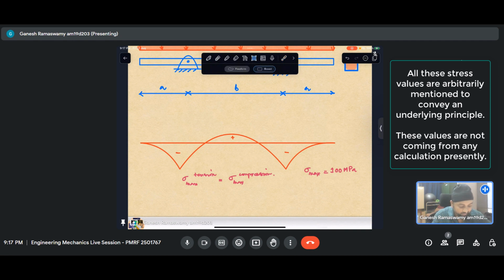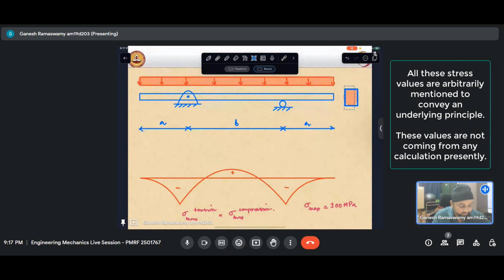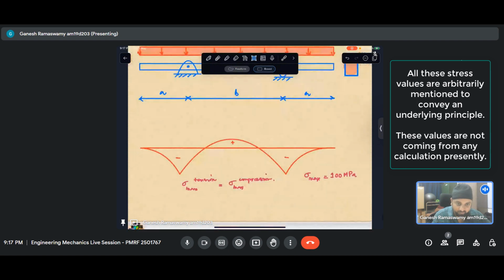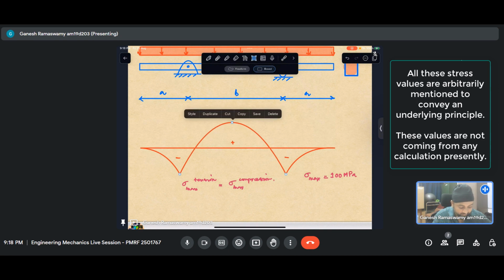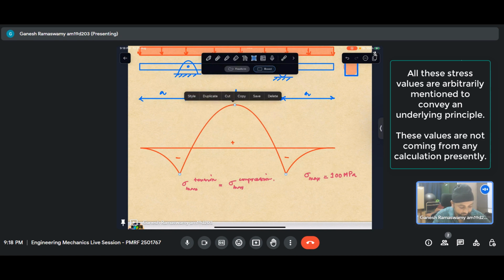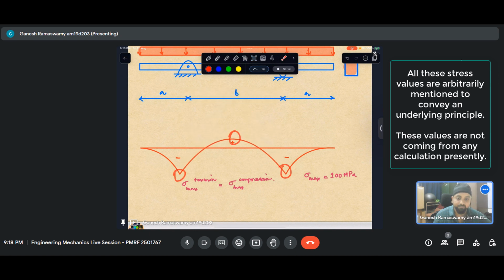Now, given that I can change A and B, but my section is still uniform, at best, what can I say? If I want the entire beam to have a peak stress of say 75, then I will adjust it in such a way, because these two are related. As soon as I increase B, my positive bending moment increases. At the same time, my negative decreases. And when I reduce B, my positive decreases and negative shoots up.